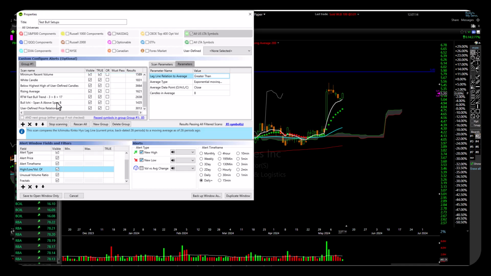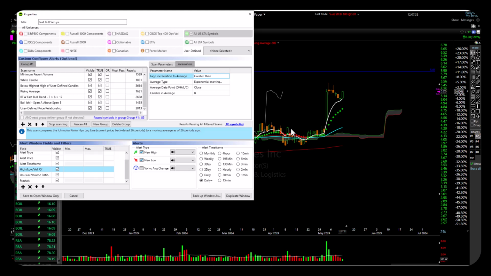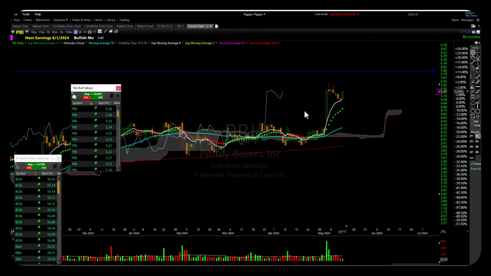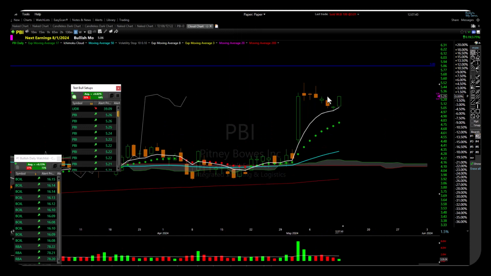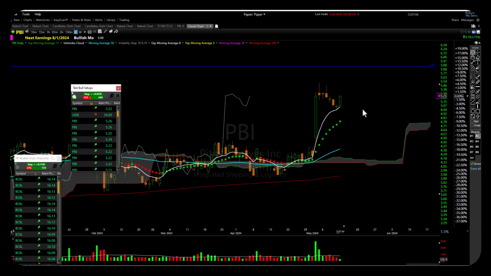And then right here is also new, much newer, and this is something I asked Ed to put on there, where the span A is greater than span B. So what it's doing is putting charts quite bullish based on the cloud. Now, what we're still going to do is wait for that setup. We're still going to look for that setup right here. Like PBI here. That's a pretty good looking chart.